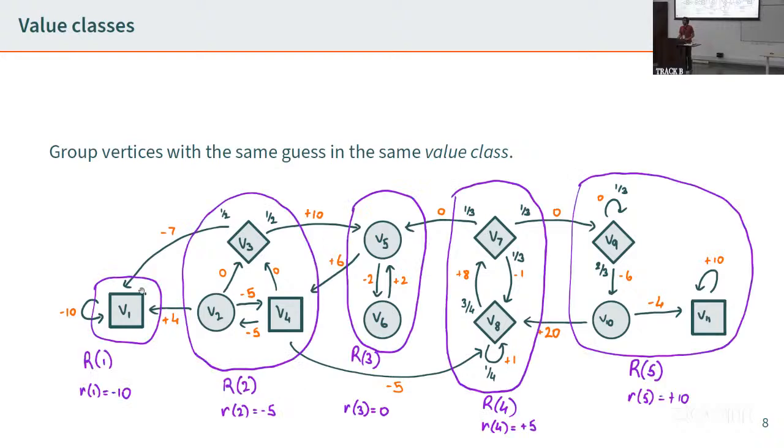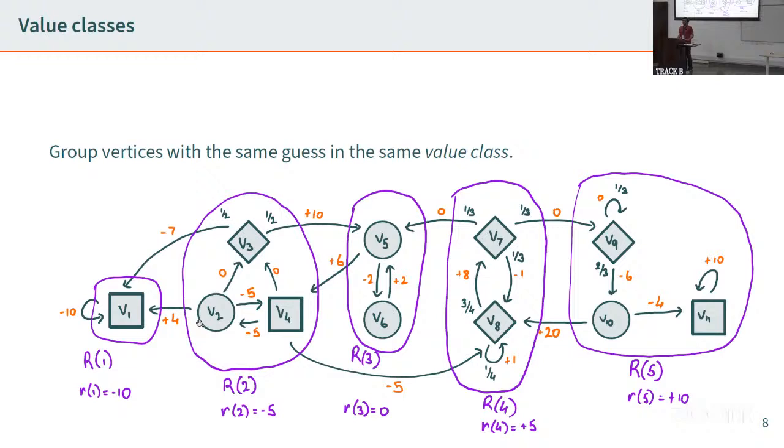So we have grouped vertices that we guess have the same value in the same value class. The purple denotes the value classes, and we call them R1, R2, R3, R4, R5, and they have values. We also guess the values: minus 10, minus 5, 0, plus 5, plus 10. So we are essentially guessing a partition and also guessing a value for each partition.